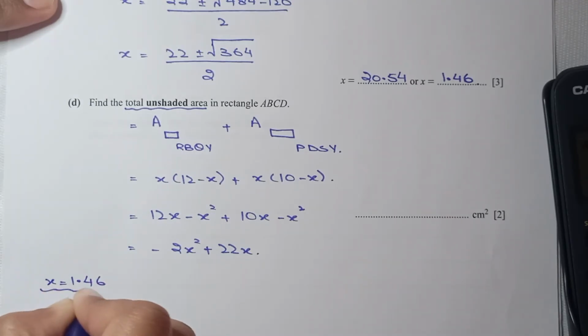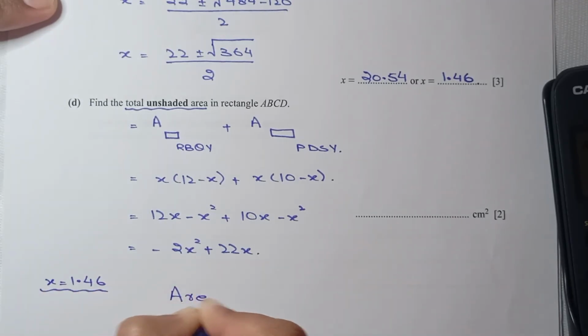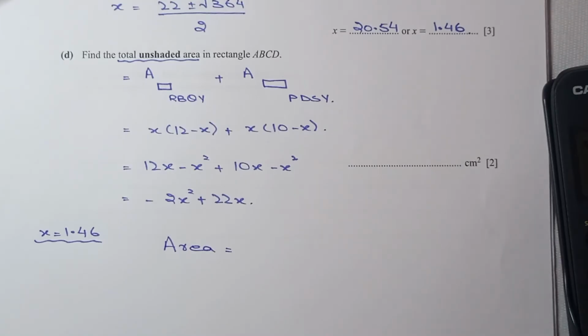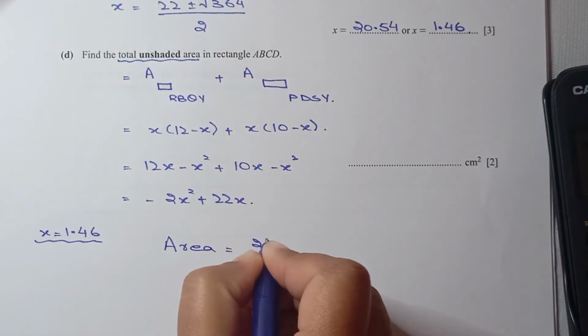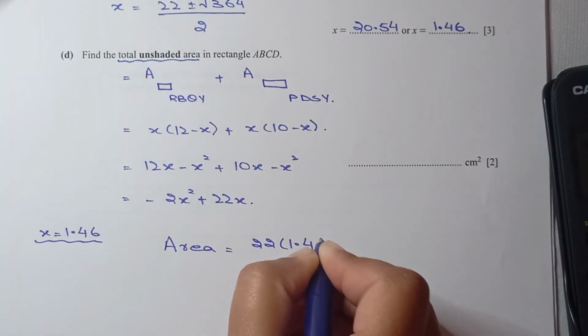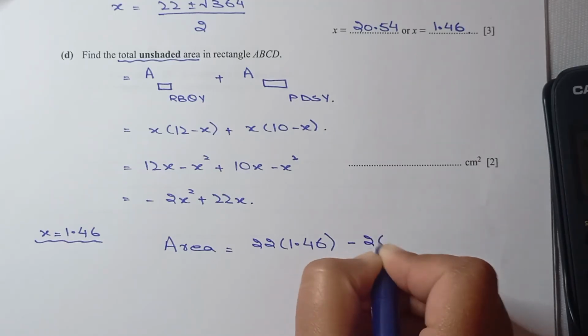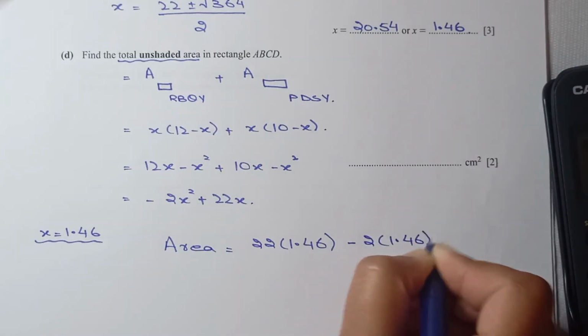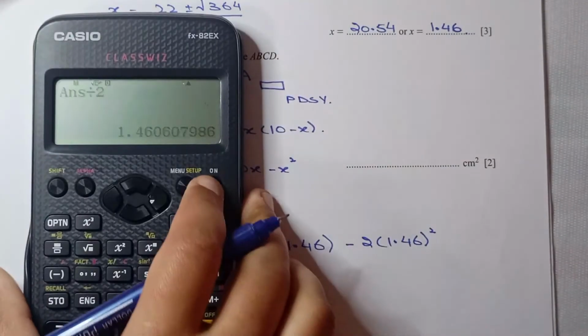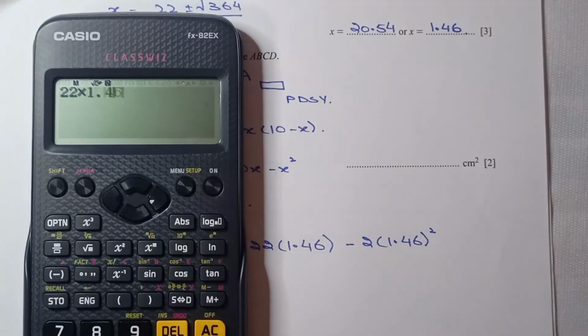So what would be the total area? This would be 22 times 1.46, minus 2 times 1.46 squared. 22 times 1.46, and then subtract 2 times 1.46 times 1.46.